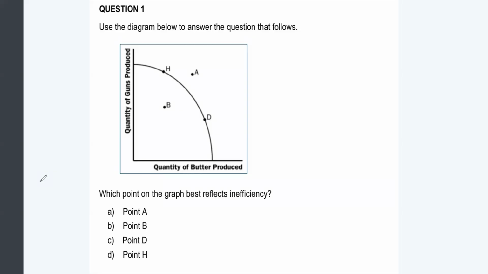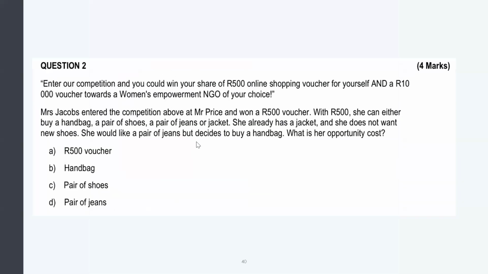Unemployment rate in South Africa is 35%. So it means that there is labor that is not being used by the economy. So this is a typical exam question. Every example that I gave you is a typical exam question. So good, I see that you guys are capturing this. I'm happy. All right, so let's look at question number 2.